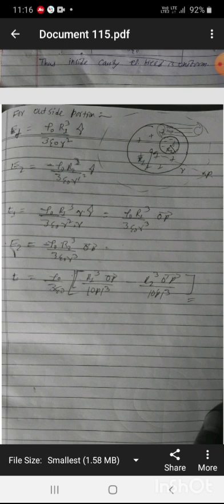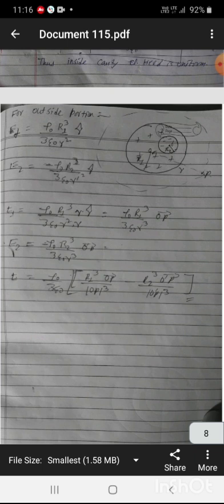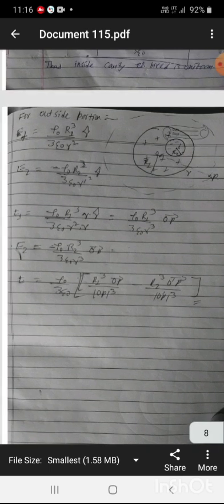So electric field due to the sphere without the cavity portion would be rho naught r1 cube by 3 epsilon naught r square, r cap, and electric field only due to the negative charge density over there would be rho naught by 3 epsilon naught, r2 cube by r square.